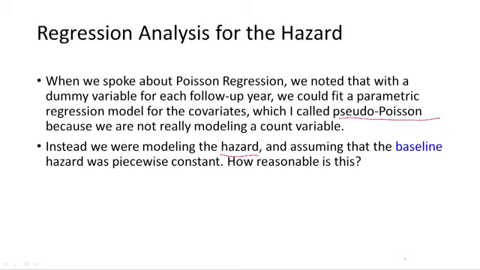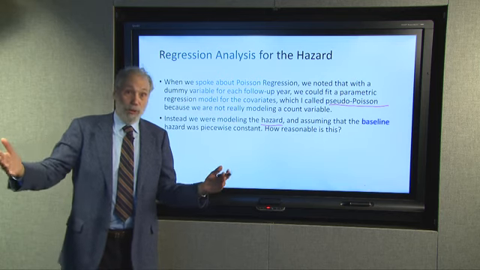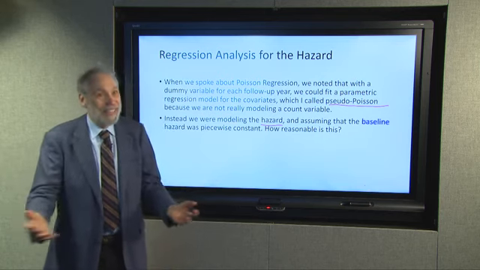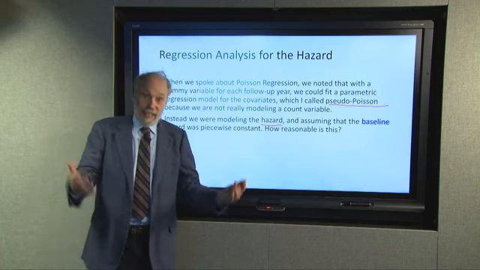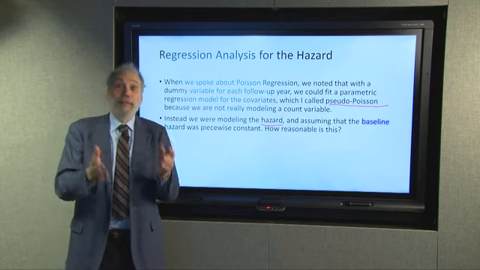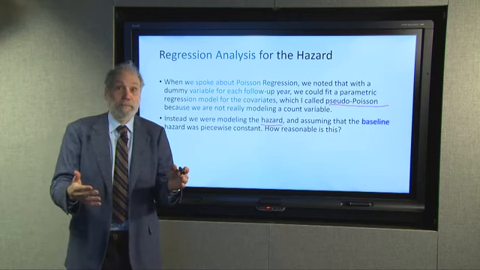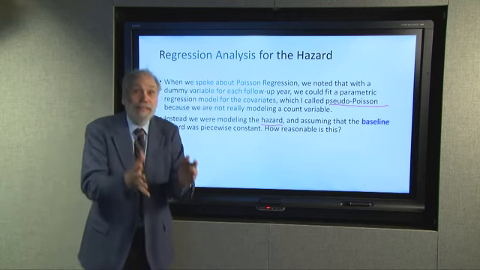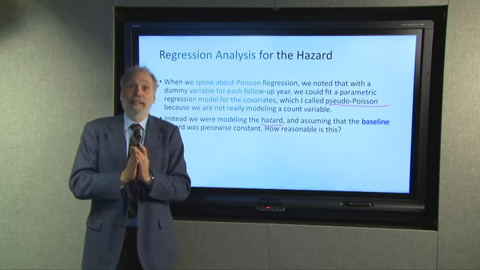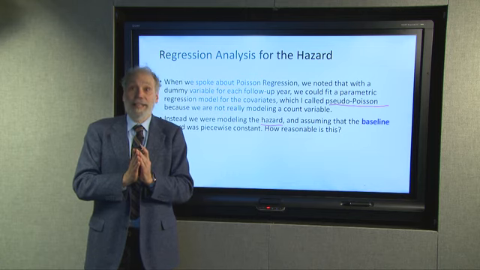And we said that hazard depended on a bunch of predictors that we put in the model. But alas, it's true. No matter how many blueberries you eat, and even if smoking is zero and alcohol consumption is zero and everything else, people do die. And so there's a baseline hazard rate. And we didn't assume that baseline hazard rate was constant.